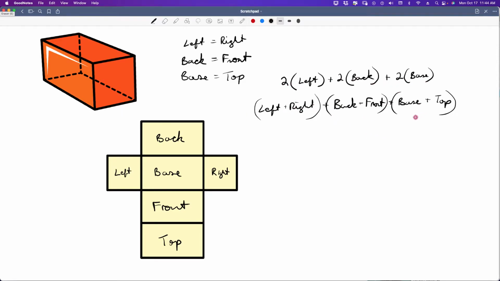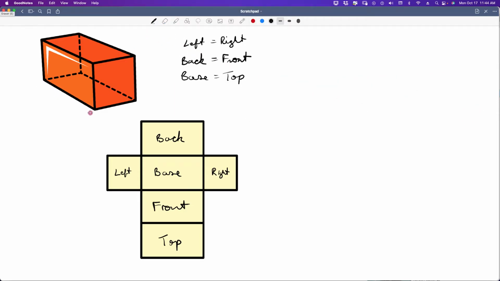It's the same formula. What I'm trying to get you to do is to wrap your head around the components of this shape so that you can see their value and you can see how you can help yourself solve this more efficiently.